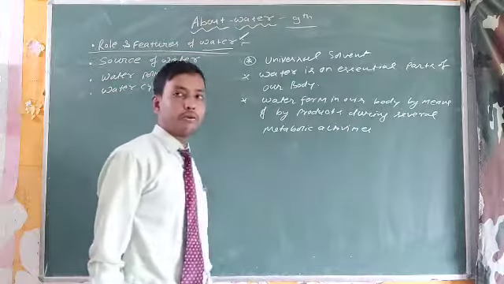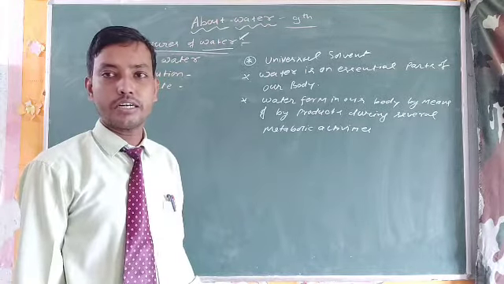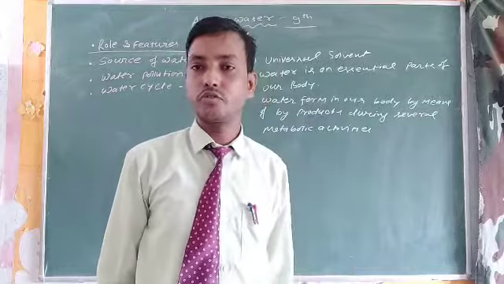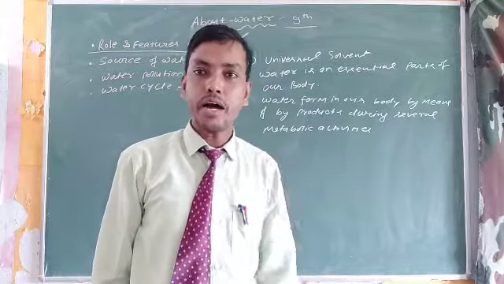Which kinds of metabolic activities form water in our body? The respiration, that I earlier described in other video lectures. So water is essential for our body, and water is an essential part of our body.